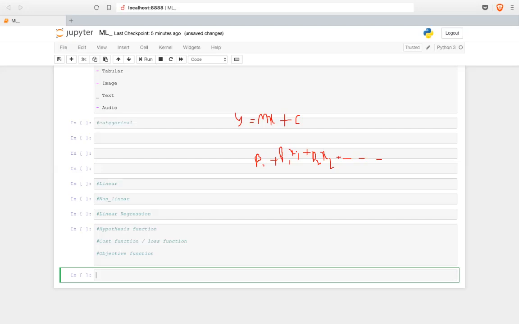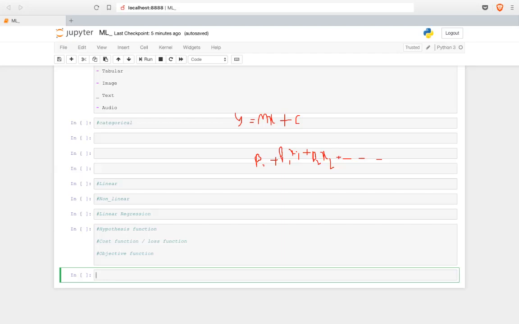Next we'll look at what a loss function is. The loss function is defined on a data point. What it measures is the error in your model's prediction. So the loss function or cost function is used as a measure of the model's performance, how well it is performing in comparison to the actual output.